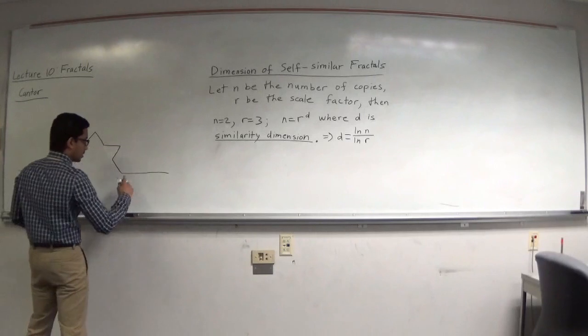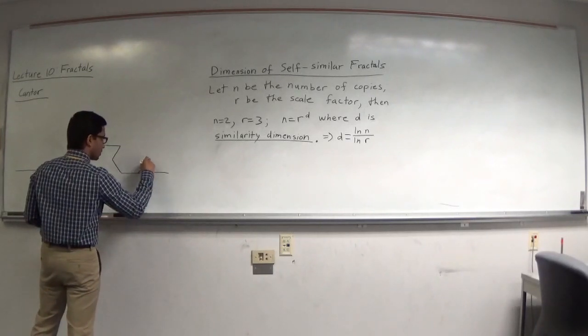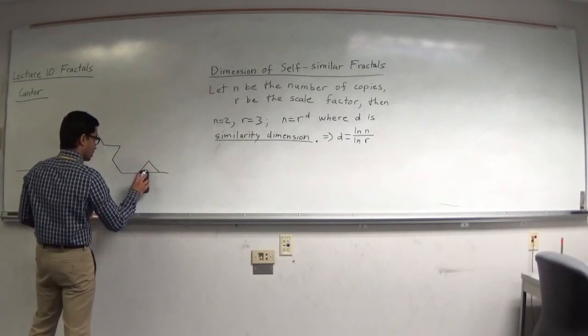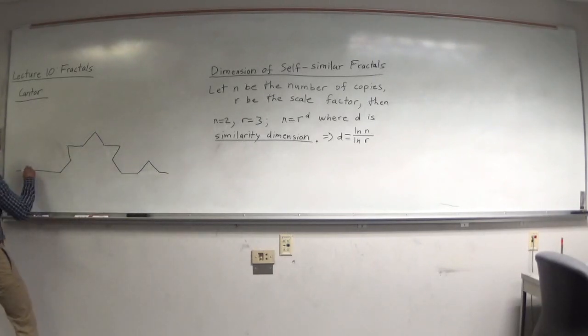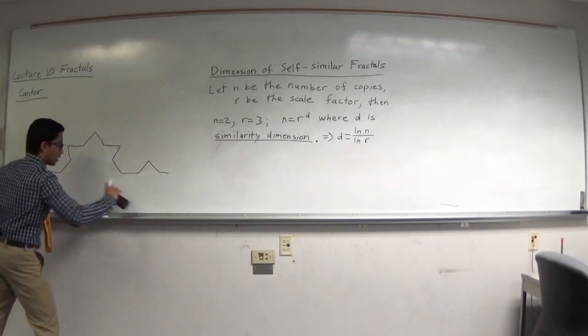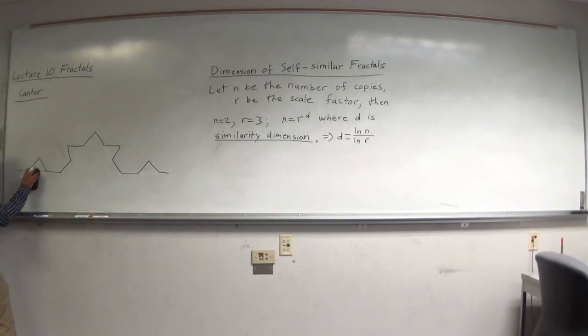This is the von Koch curve. We can continue doing the same thing for each of those sections as well. We're going from something that's one-dimensional, but now we're increasing the dimension.